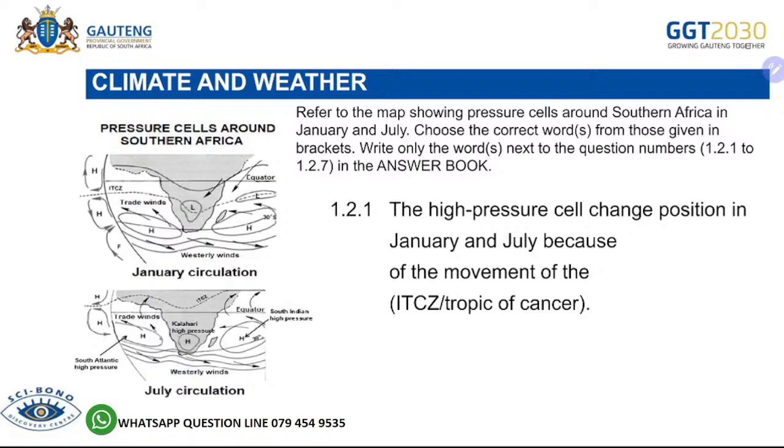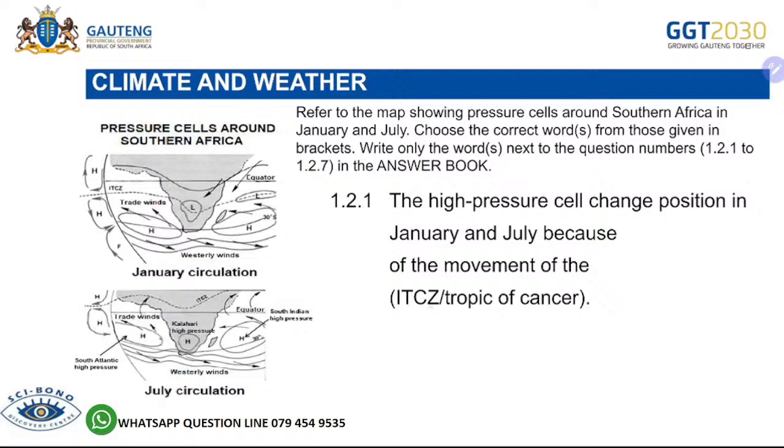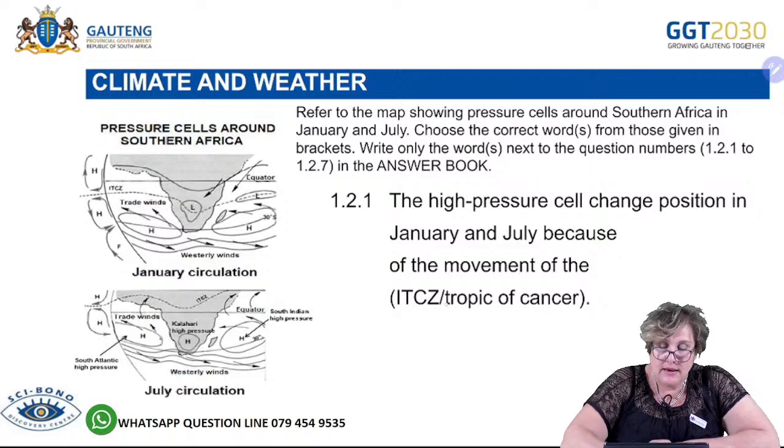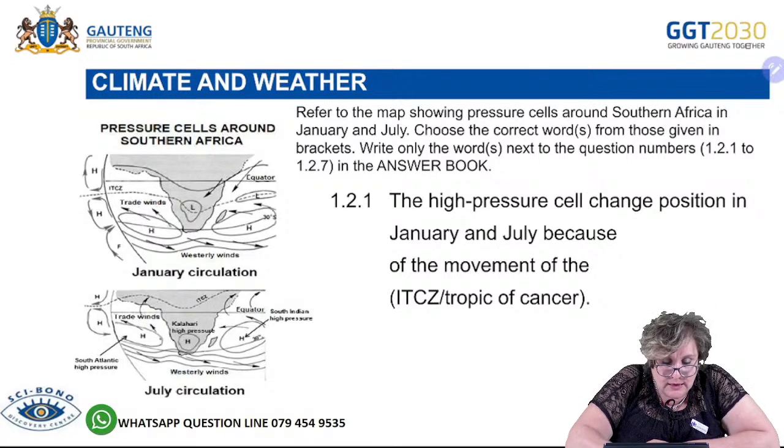The high pressure cell changed position in January and July because of the movement of the ITCZ, or the movement of the Tropic of Cancer. Now, look here, here's my high pressure belt. It's January now, and it's just here to the coast of South Africa.